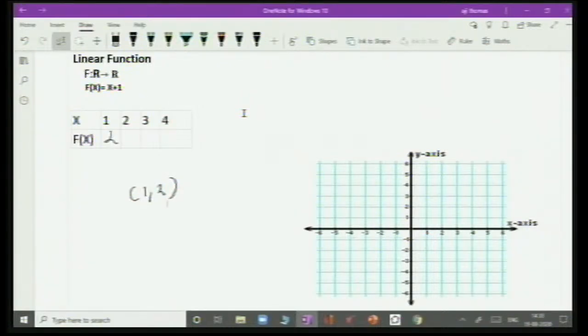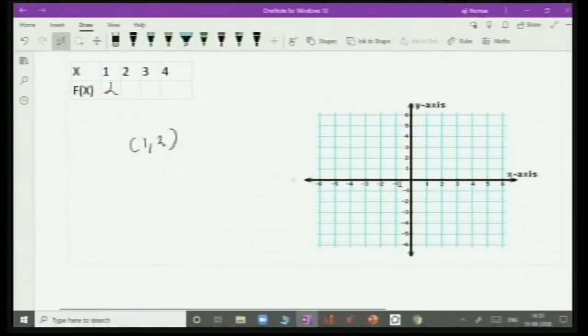Now, if I want to plot this (1, 2), what does it mean? You can see that I have used a Cartesian plane over here. So in (1, 2), what does this 1 mean? 1 means this distance. You can see on the screen, this distance is 1. And what is this 2? 2 means this height.